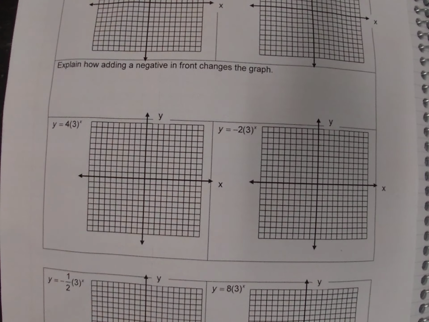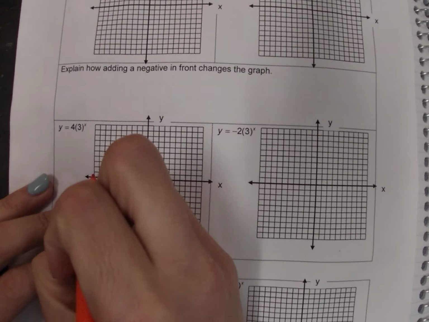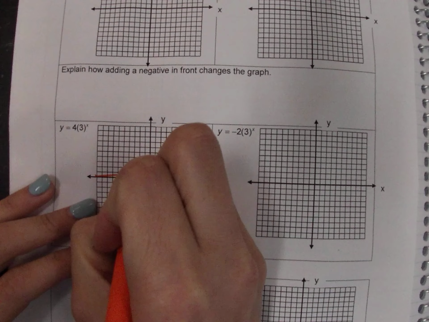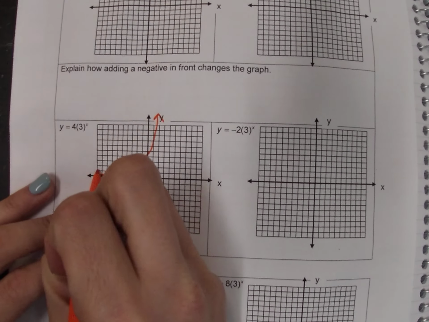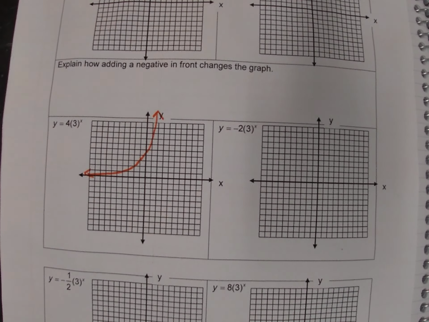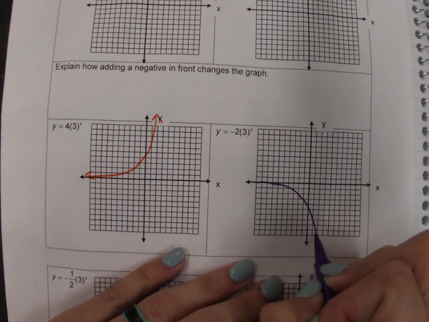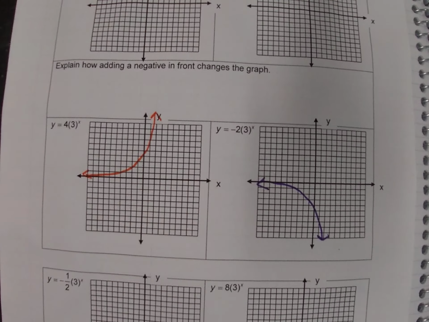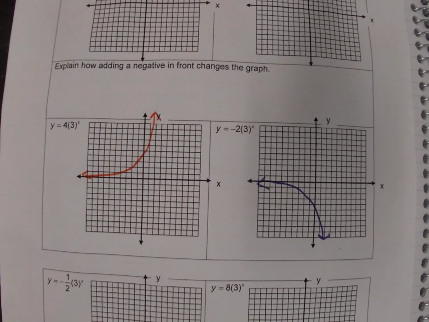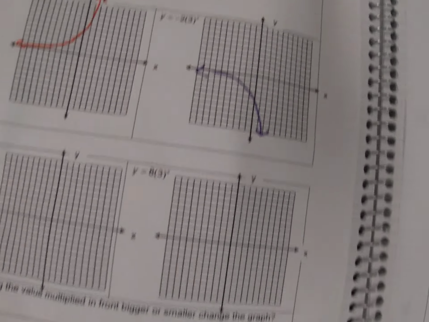For this graph, it looks like this. Now we're going to put a -2 in front, and we get this. So you'll finish that and you'll answer that.